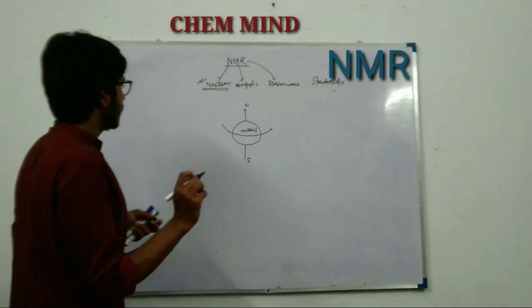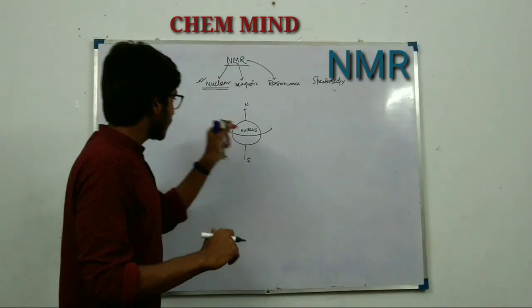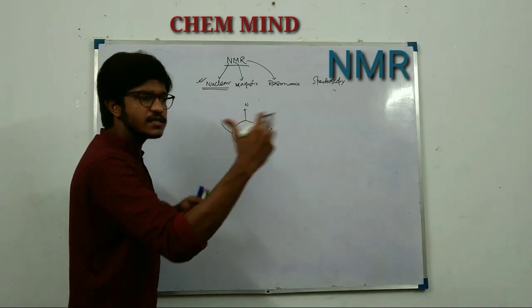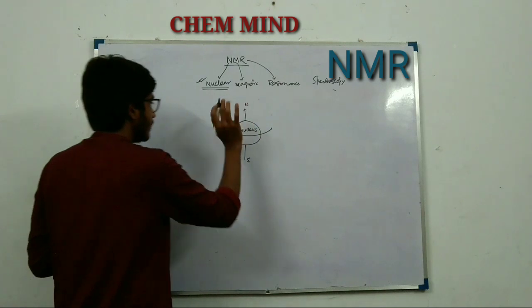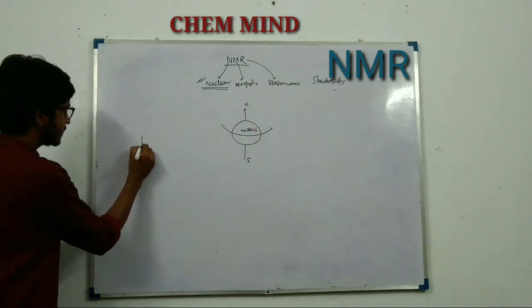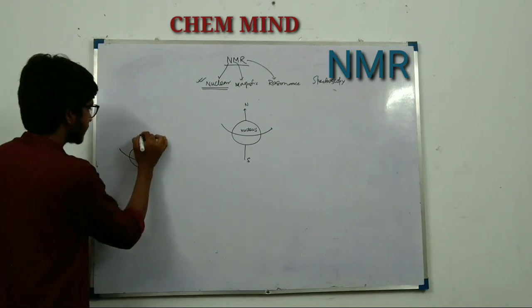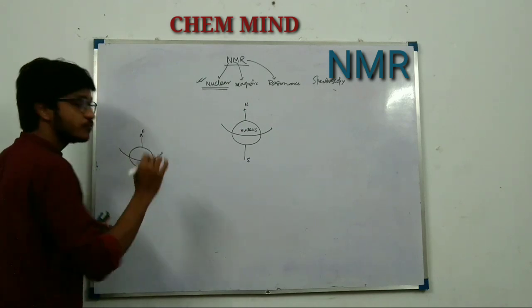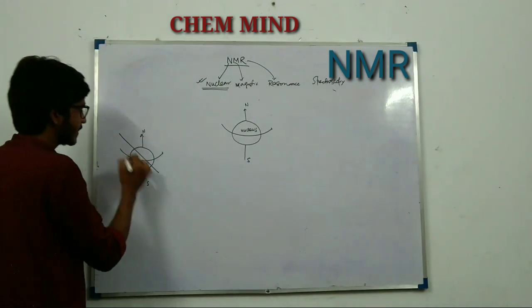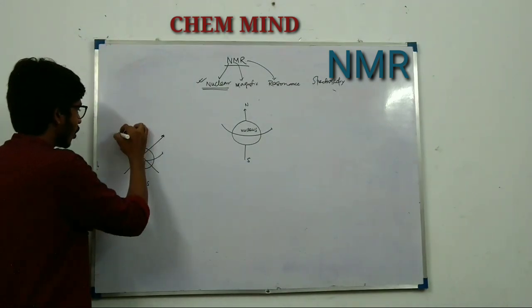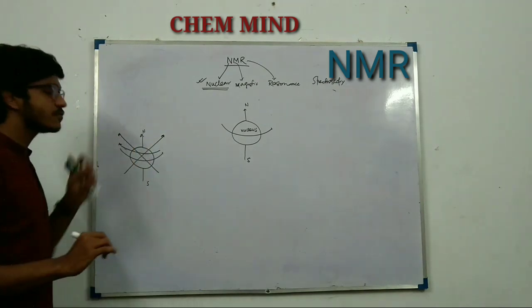Now when the nucleus is in the free state, it can move anywhere, meaning it can rotate in every possible direction. This nucleus has a north pole and a south pole, and it can rotate like this, or in this particular direction also.